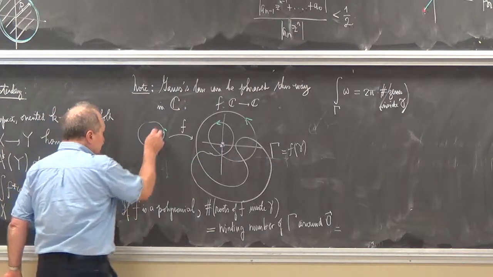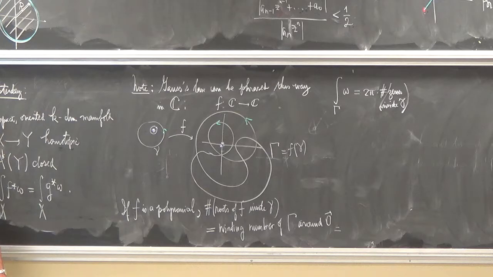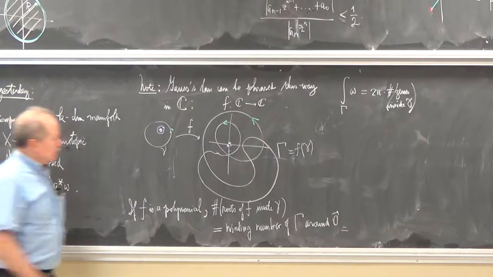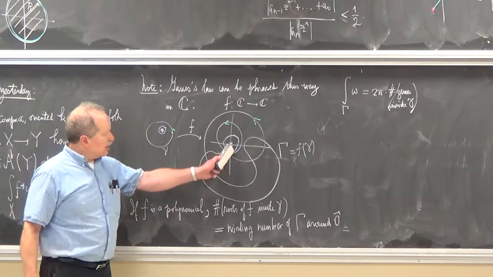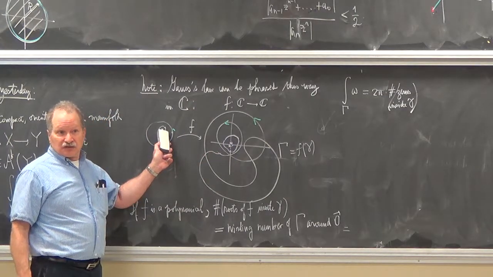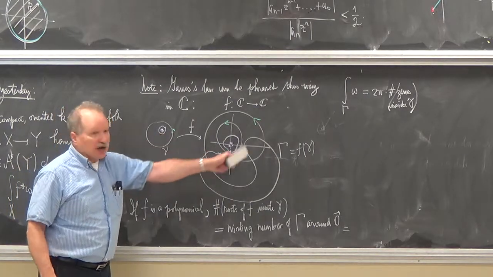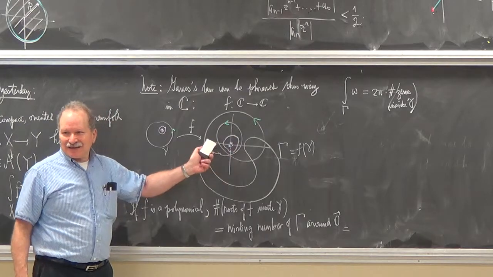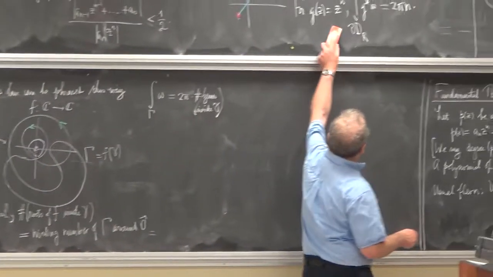If you took a teeny little circle around that root, what would it do? Well, it would do some curve that goes once around there, assuming this is a simple root, not a root of higher multiplicity. If this had a root of higher multiplicity, you'd go around a couple of times. That's all coming from this analysis that we did here.